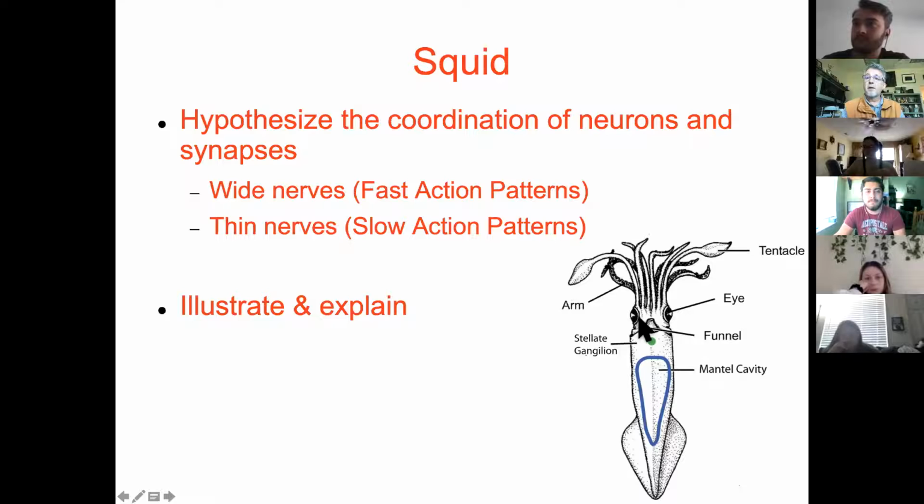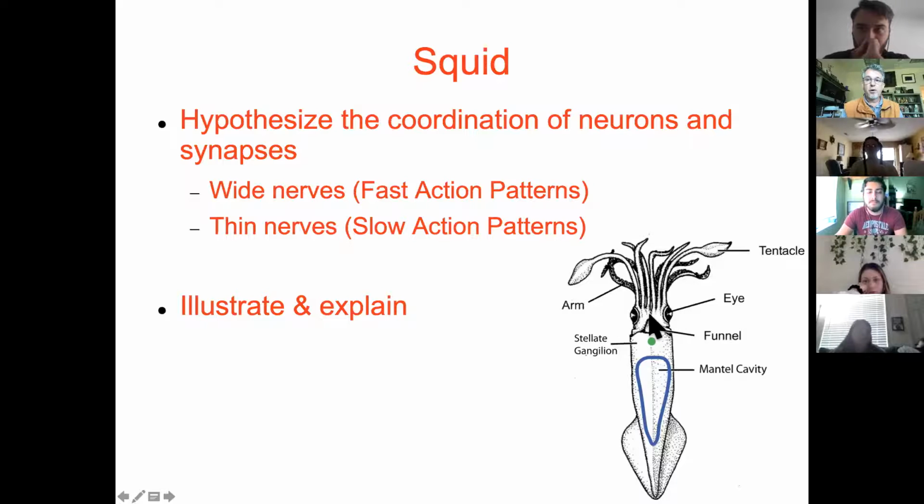We have the eyes up here, central brain is right through here. The stellate ganglion is a little bit behind, right near the base of the mantle cavity. There's water held in this chamber. And for the squid to be successful, it needs to start pushing the water from the posterior end to the anterior end so that the water is forced out in a coordinated fashion through this siphon.